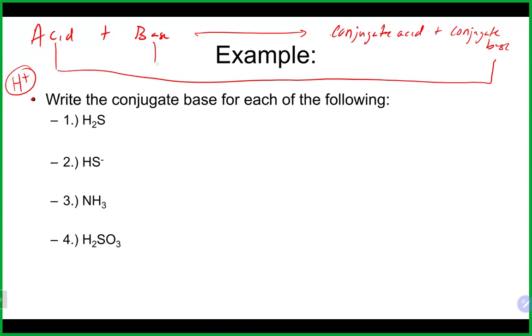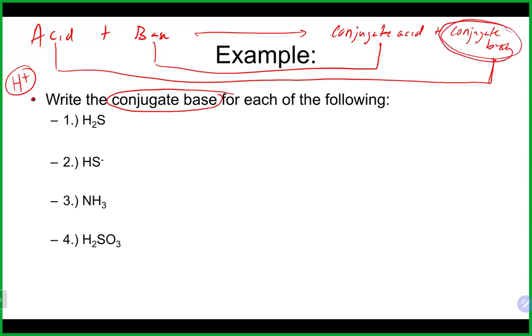We also know that the base on one side, its partner on the other side should be the conjugate acid. That means in this particular case, we are looking to write the conjugate base, which means we're looking to end up here, which if we just follow this all the way back means that everything that we're looking at should be an acid. And the definition of an acid is something that will donate the H plus.